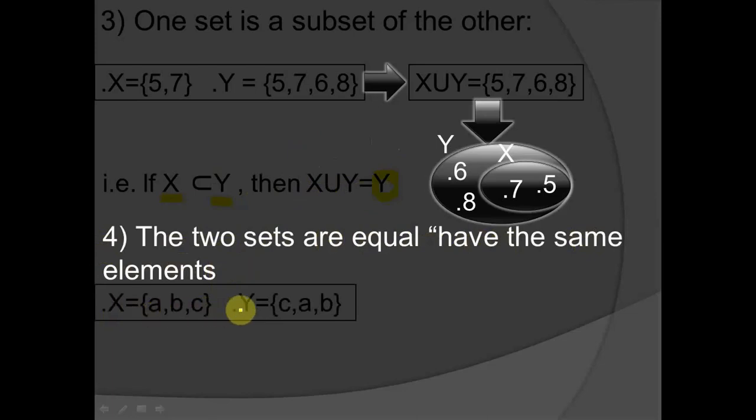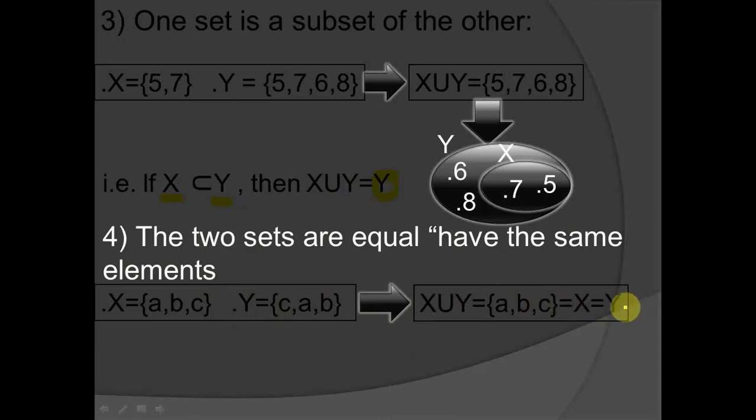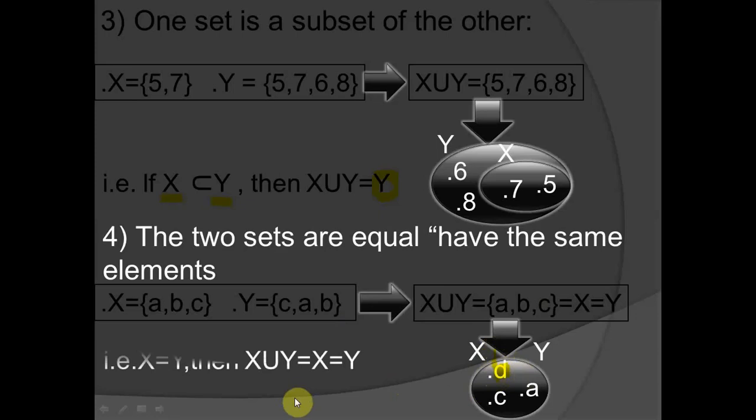If X = {A, B, C} and Y = {C, A, B}, then the union X union Y equals {A, B, C} without repetition. {A, B, C} is equal to the set X and equal to the set Y. Then we represent that by one circle that has two names, X or Y, with elements A, B, C. So X union Y equals X equals Y.